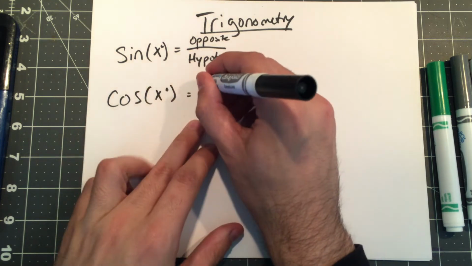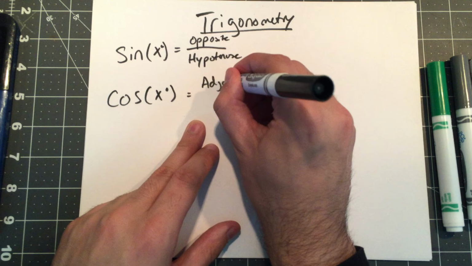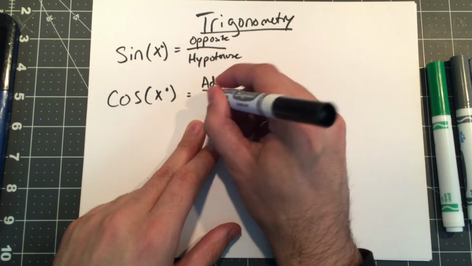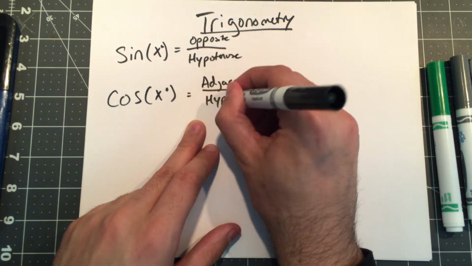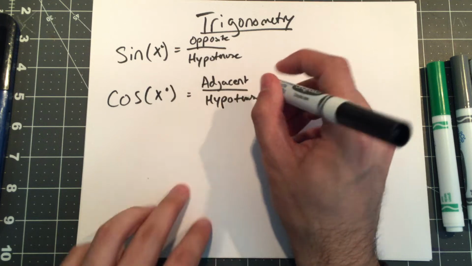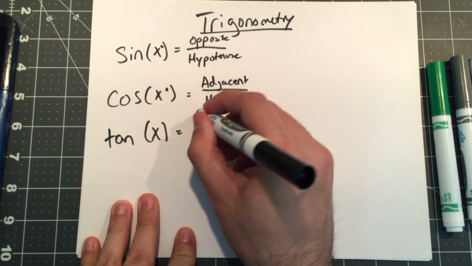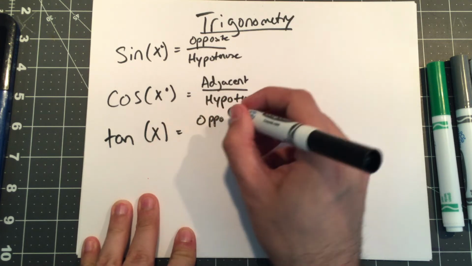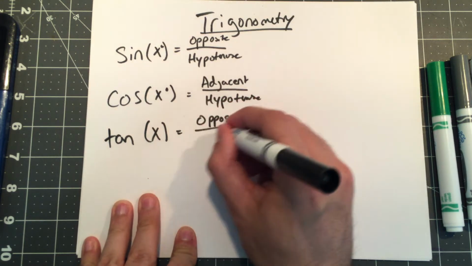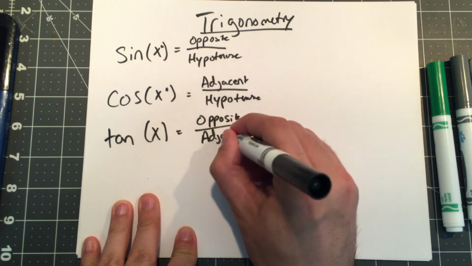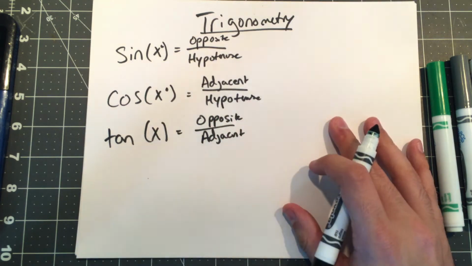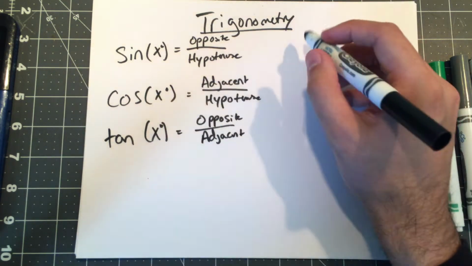Instead of the opposite side, it's the adjacent side over the hypotenuse. And then finally, the tangent is your opposite side over the adjacent side.